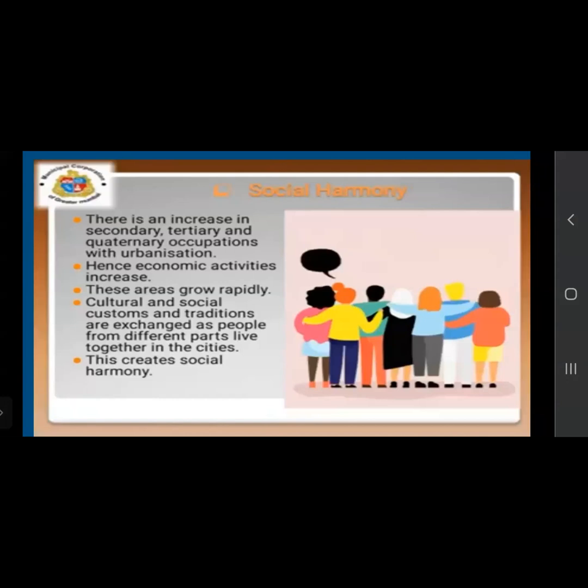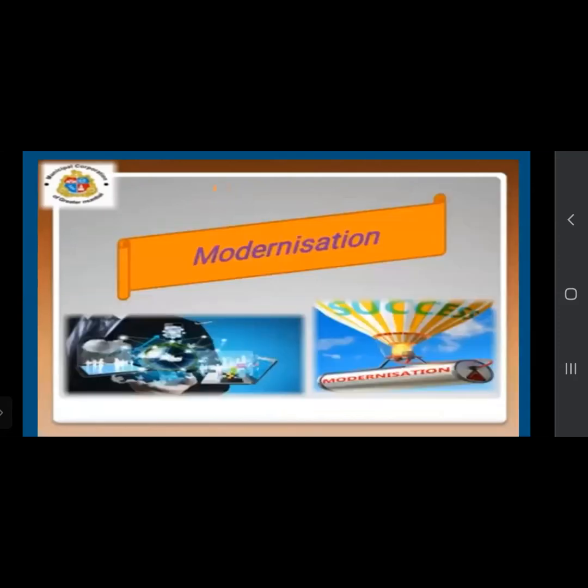As they come from different states and regions, they bring their cultures along with them, with different customs, traditions and languages. They exchange these with each other, enjoy exchanging them, and live together in harmony. So this creates social harmony. Now next is modernization.